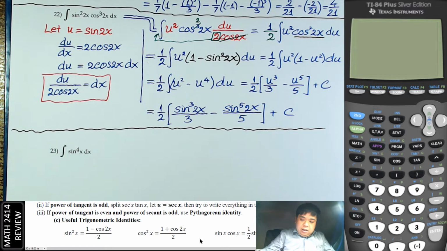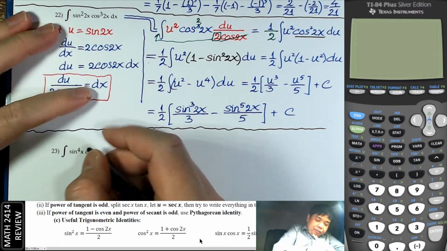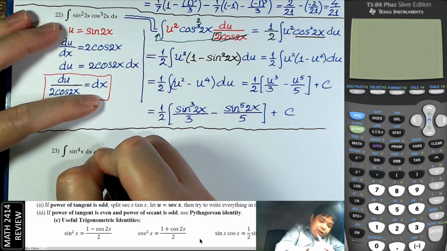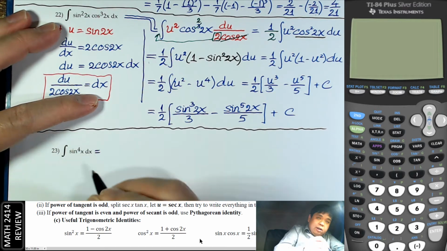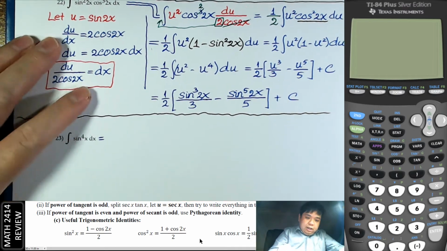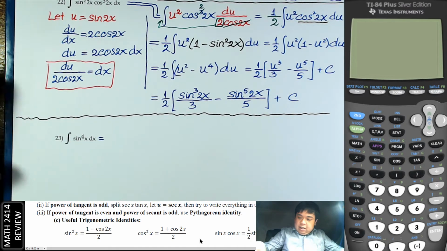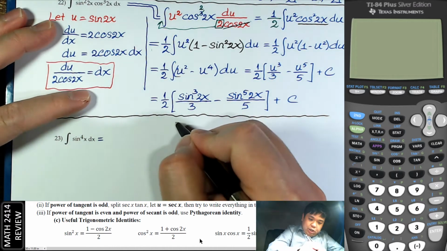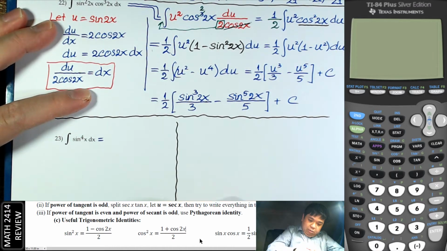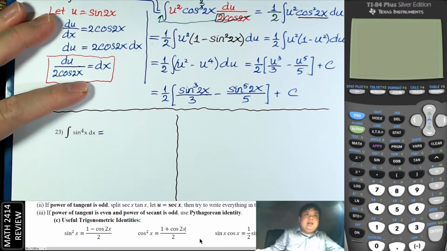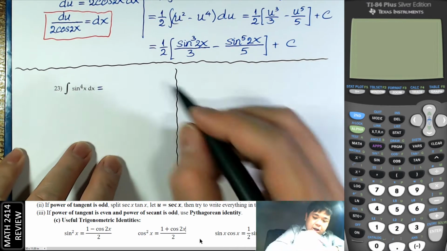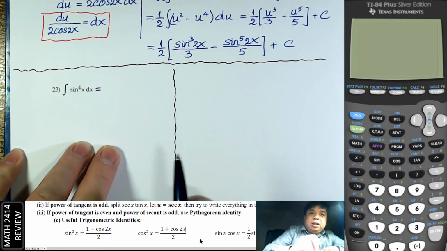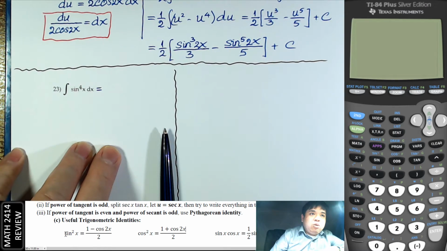So first, divide the page into 2 because that might be a long problem. Right, power reducing. Notice that we have a sine square, so we're going to use that for sine square.